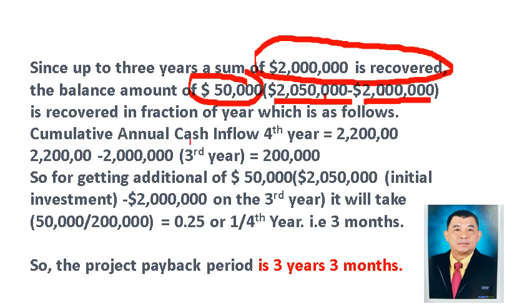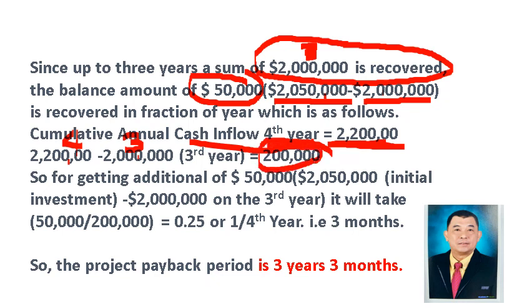You remember the cash inflow in the fourth year, it is 2.2, all right? So therefore, the cash inflow on the third year and the cash inflow on the fourth year, you have to subtract it. So it gives you 200,000.